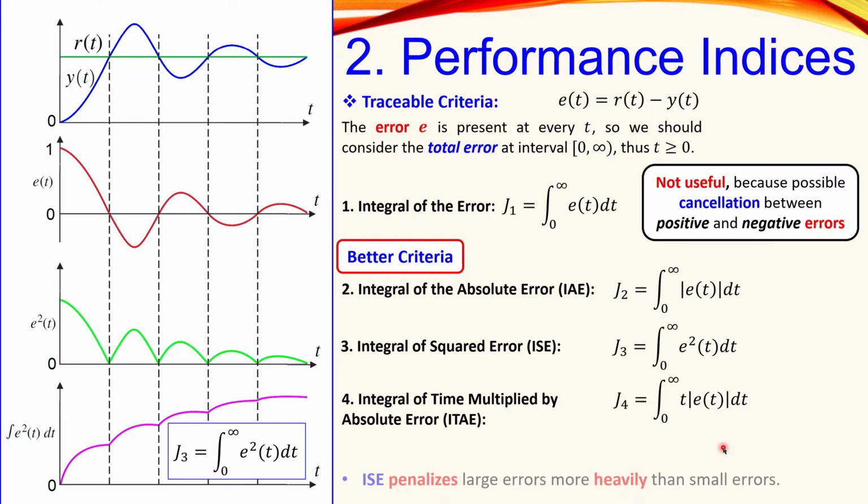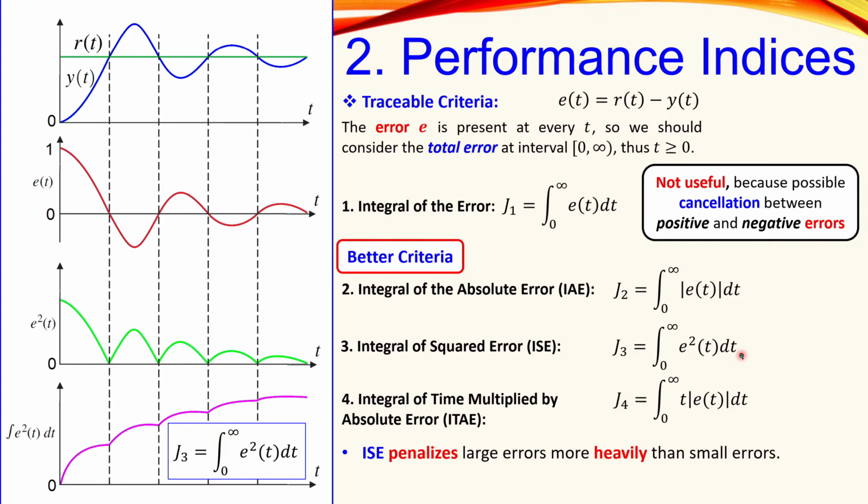Okay. Now, if I look at these two specifically, ISE gives more attention to, or penalizes, the large errors more heavily than the small errors. Why? Because at the beginning, you can see that, it integrates much more heavily than the small errors.